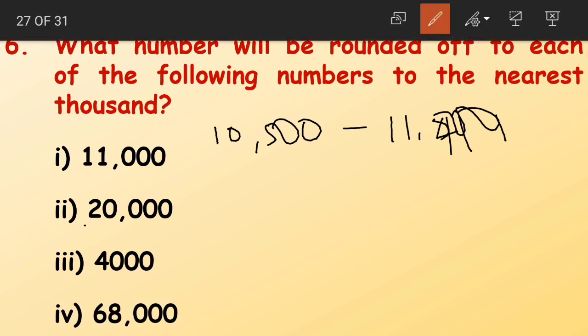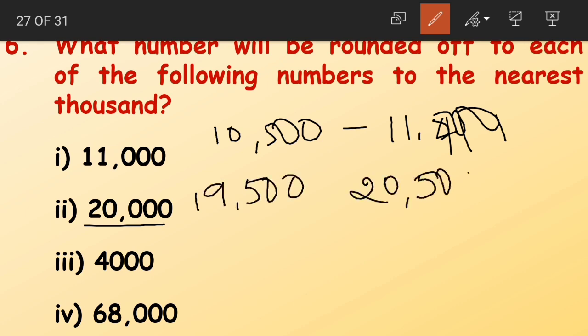Next question, 20,000. Again, minus 500 gives us 19,500, plus 500 gives us 20,500. Again, as I said, do not take this number, take it after subtracting 1: 20,499.